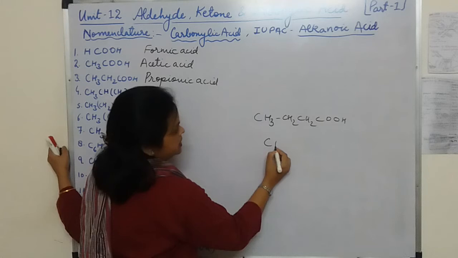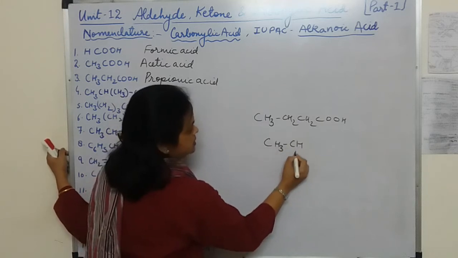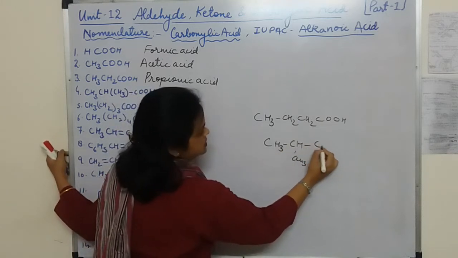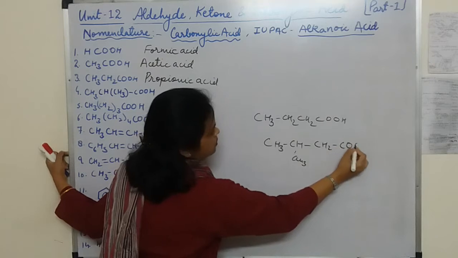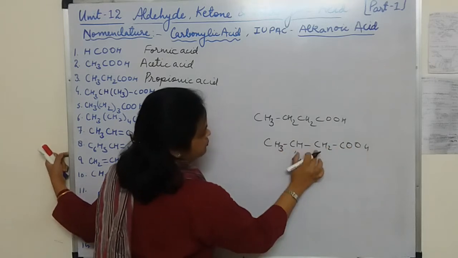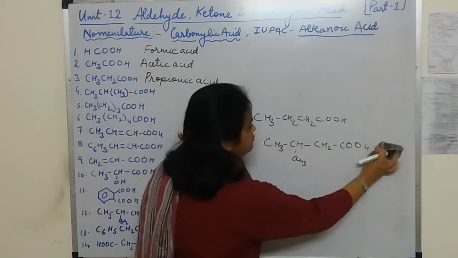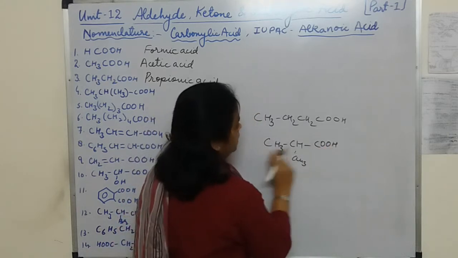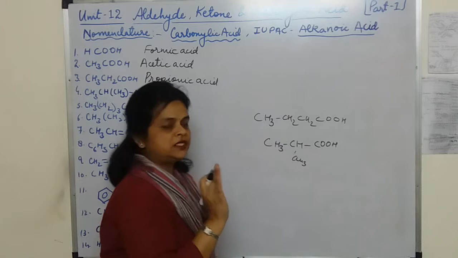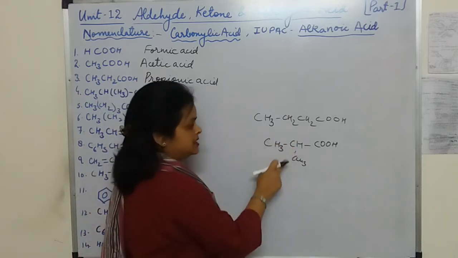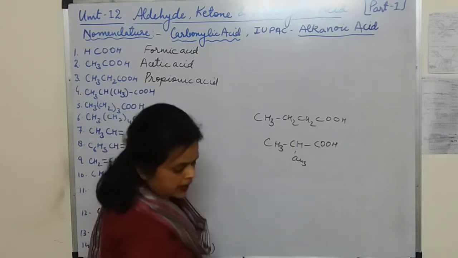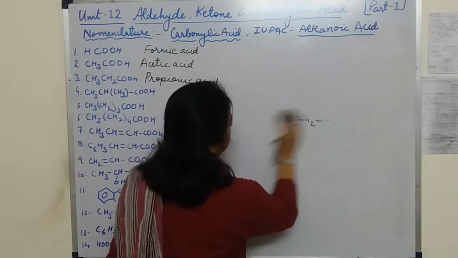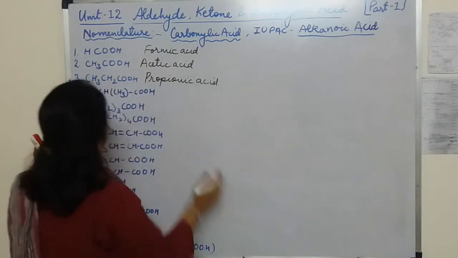But here it is written like this: CH3, CH, CH3, CH2, COOH. 1, 2, 3, 4, 5. So here we have to remove one carbon. This will be 1, 2, 3 and 4. So this is butyric acid and this is isobutyric acid. So we will write down the name here: isobutyric acid.